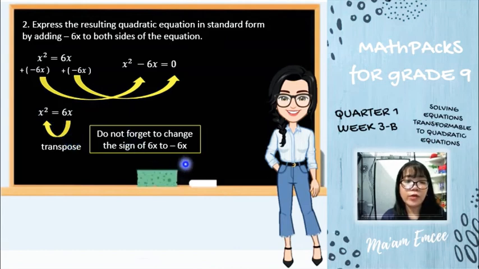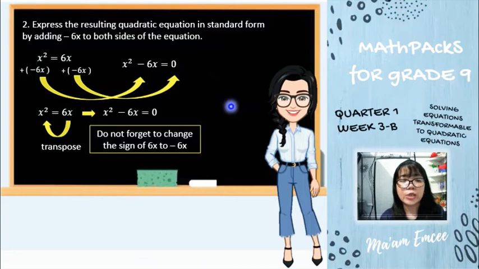So do not forget to change the sign of 6x to negative. We copy x squared and change the sign of 6x to negative, so we have minus 6x, and what is left on the right side is just 0. So we have x squared minus 6x is equal to 0, similar to the first one we got.